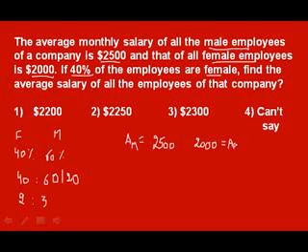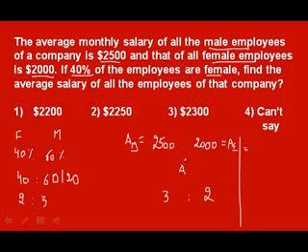What I have to do now is find the average of all the employees. Now the ratio of males to females is 3:2. So out of every 5 employees in the company, 3 are males and 2 are females. So what I have to do is find the average here. Now I can simply use the weighted average formula and just apply it here and find the answer.